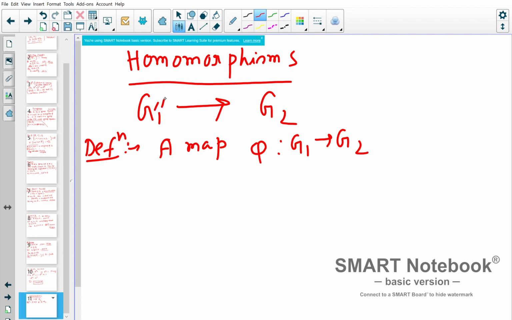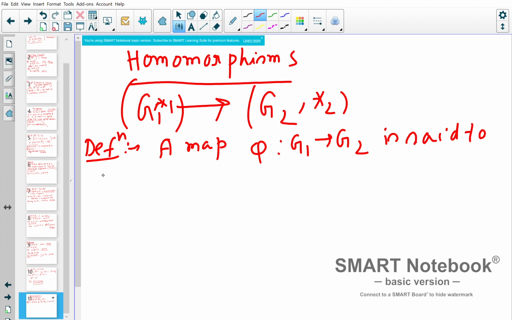It can be G1 with star 1 and G2 with star 2. The operation can be different also. And G1 and G2 can be different groups, or they can be the same group also. So in general, the definition is as follows.